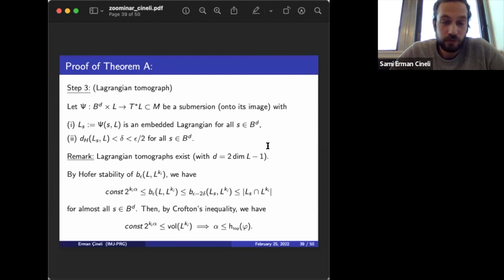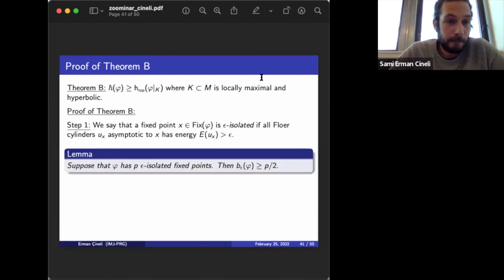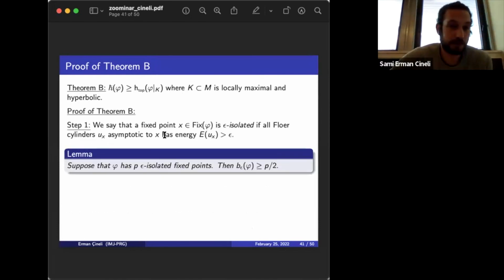Now I move to theorem B. Theorem B says that bar entropy is bounded from below by topological entropy restricted to any locally maximal hyperbolic set. So step one is the algebraic part of the argument.